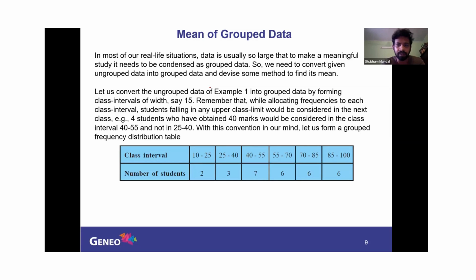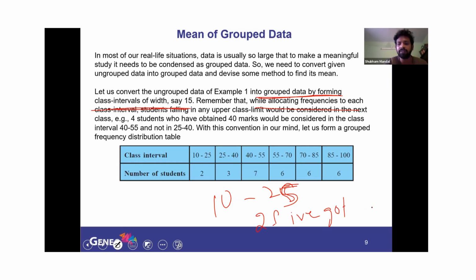Here I've grouped the data by forming class intervals of width 15. What that means is every interval will be of 15 marks. So 10 to 25. And one more thing: while allocating frequencies to each class interval, students falling on an upper class limit go to the next class.